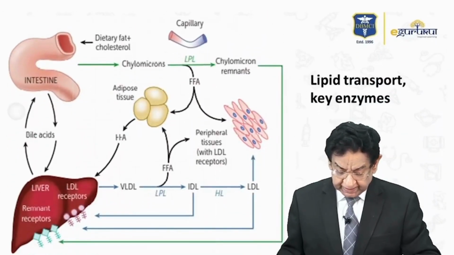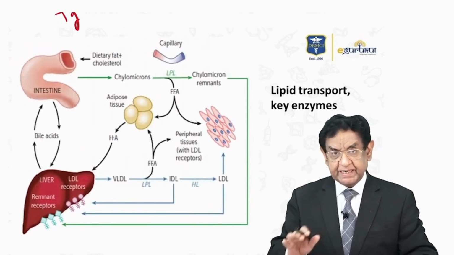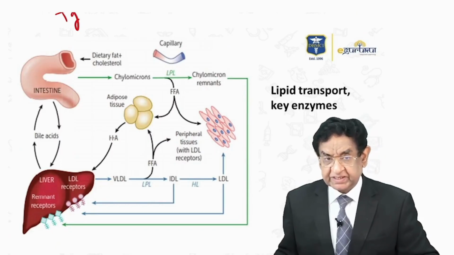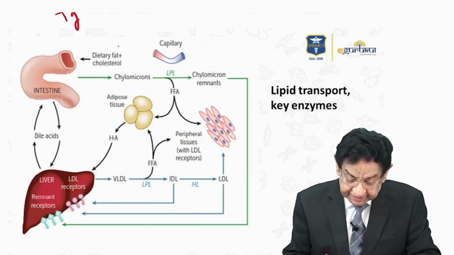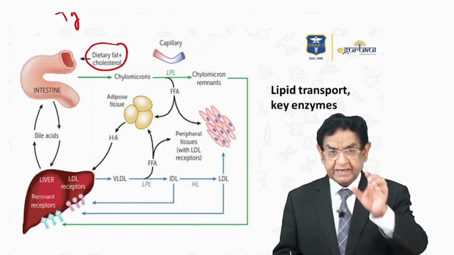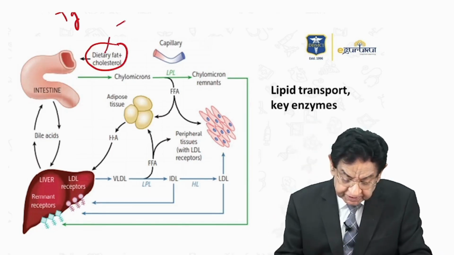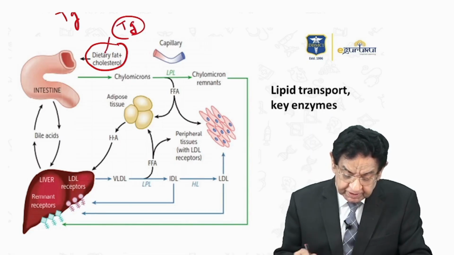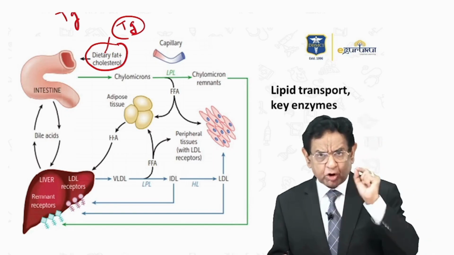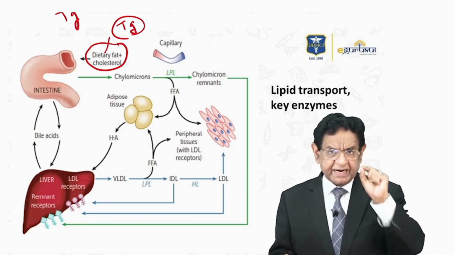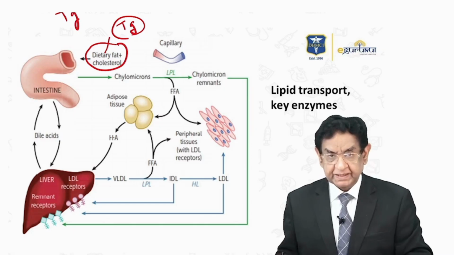So a simple, very brief outline I'll touch to make the foundation for the next lecture very strong. We have a dietary fat. In the diet, when we talk about dietary fat, it is mainly triglyceride. Cholesterol is also there, but mainly triglyceride. Remember, if they don't say anything else, when they say dietary fat, it is understood they are talking about triglyceride.